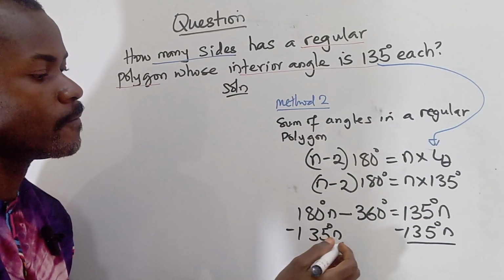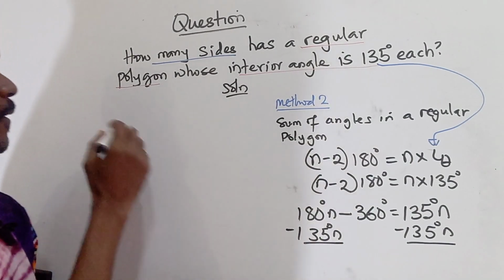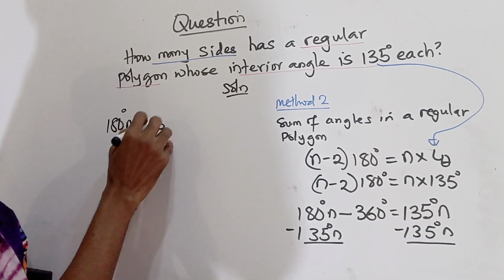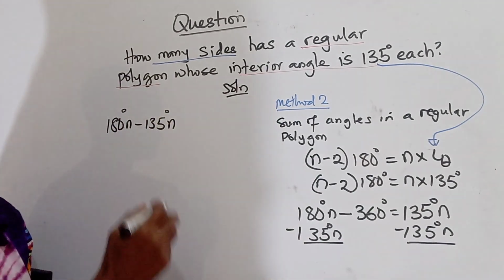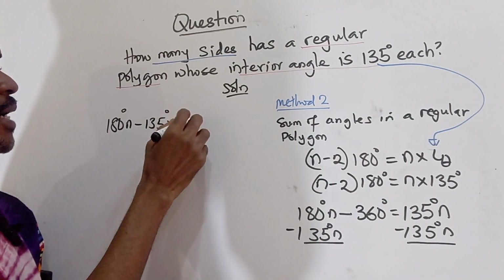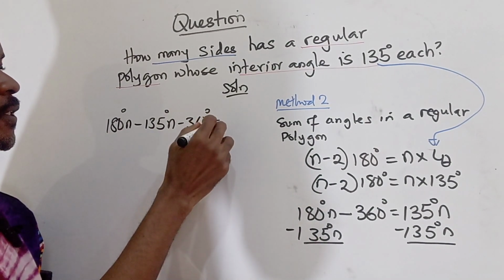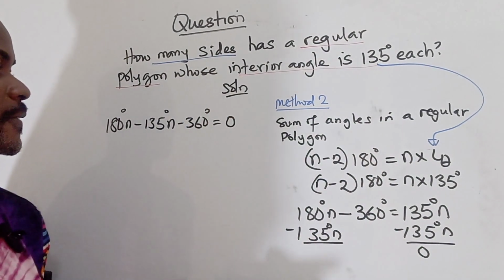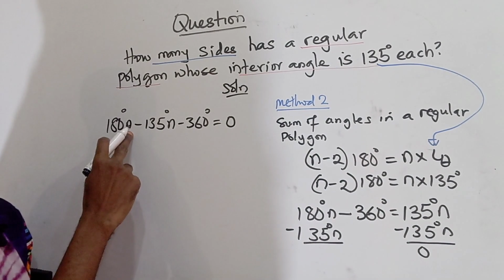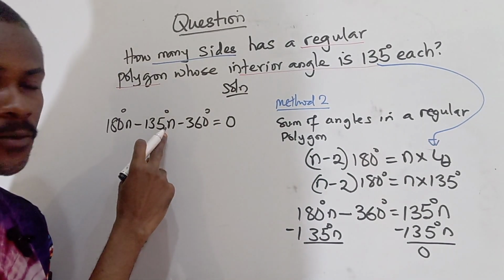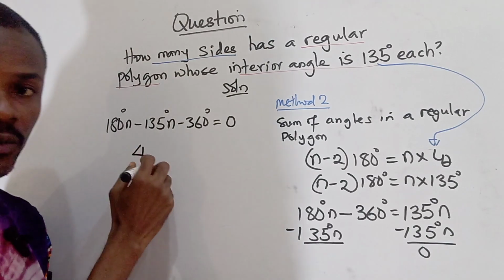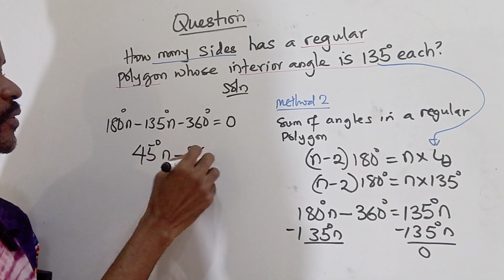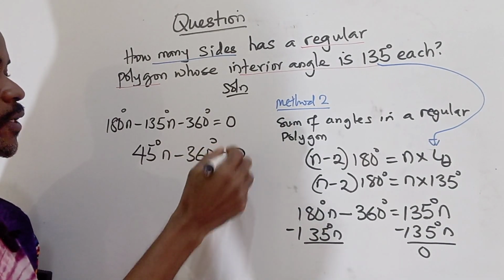So this part will give us 180 degrees N minus 135 degrees N, minus 360, which is equal to this minus this, which is 0. So I have 0 on this side. So 180 degrees N minus this is going to give us 45 degrees N minus 360 degrees is equal to 0.